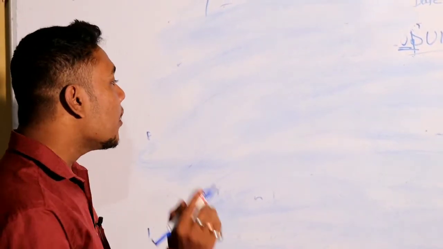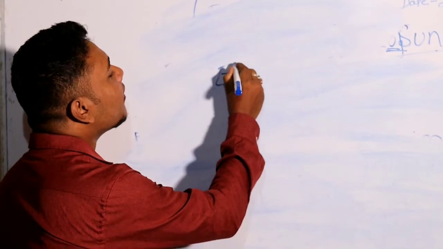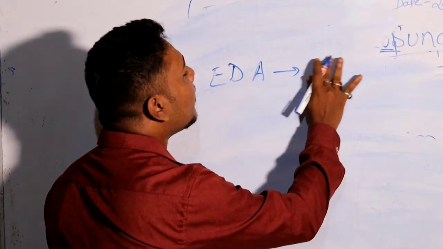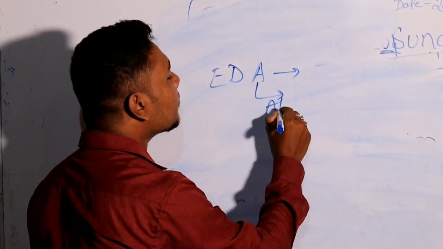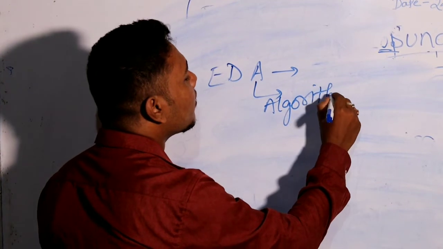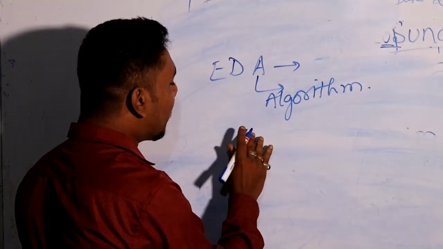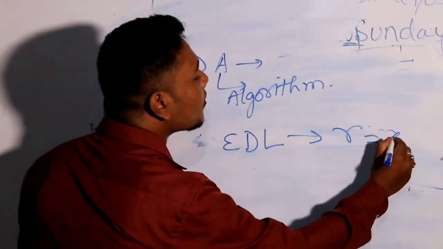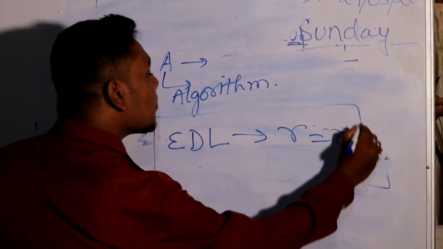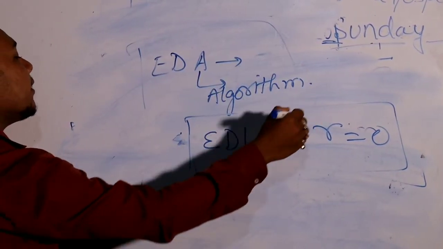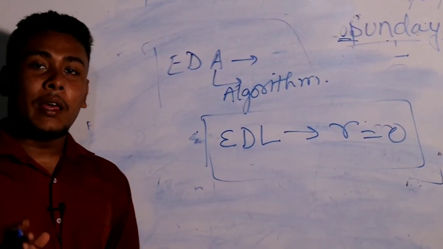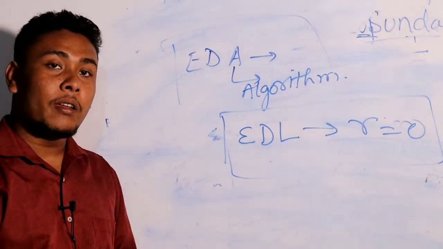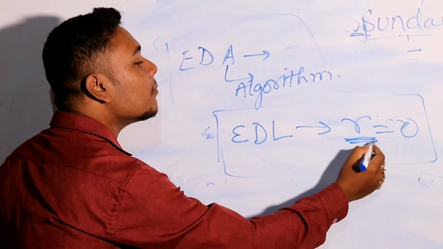Just for today, understand that EDA means algorithm, when we apply EDL till R becomes 0. So the conclusion is that Euclid Division Lemma is a formula, and that formula is repeated again and again till R becomes 0.